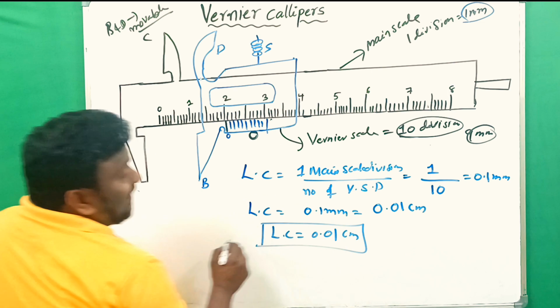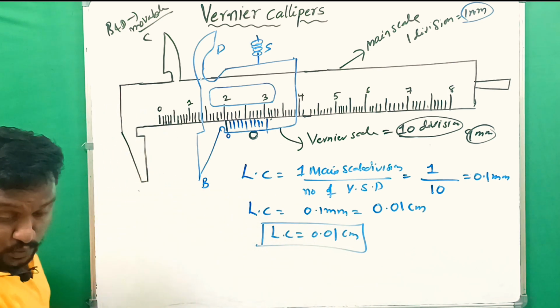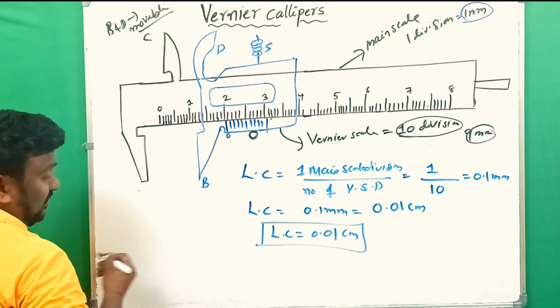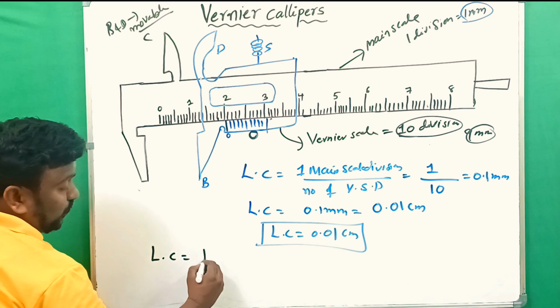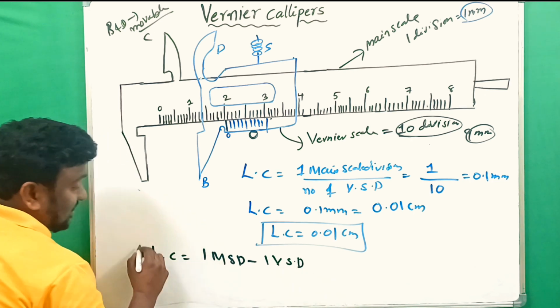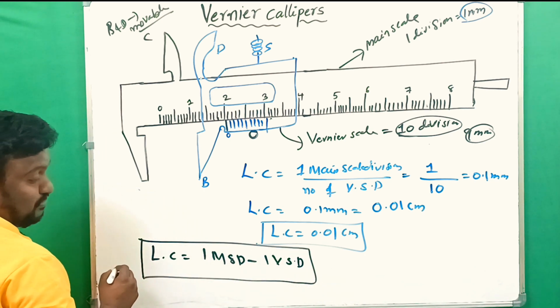This is one type of model to find the least count. Clear? Now we have another formula. Here least count is equal to 1 MSD minus 1 VSD. This is the other formula to find the least count of vernier calipers.